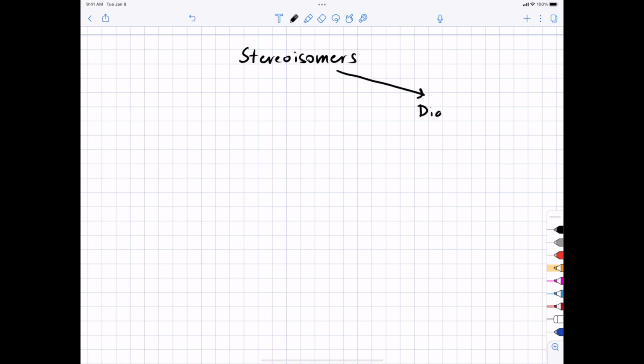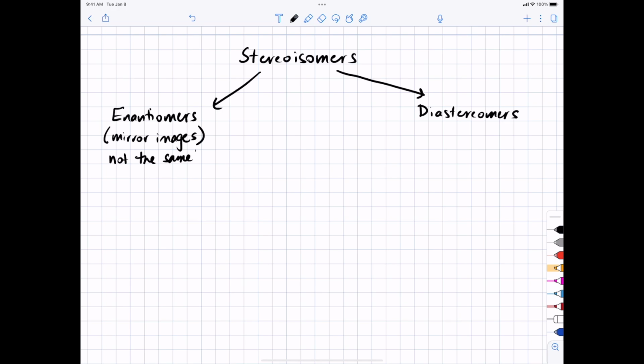One is diastereomers, and the other is something called enantiomers. And enantiomers are mirror images. Molecules that are mirror images of each other are enantiomers, but they are not the same. Diastereomers are all other kinds of stereoisomers.